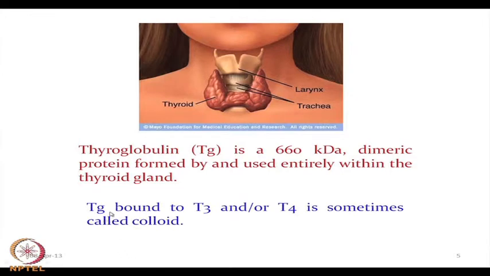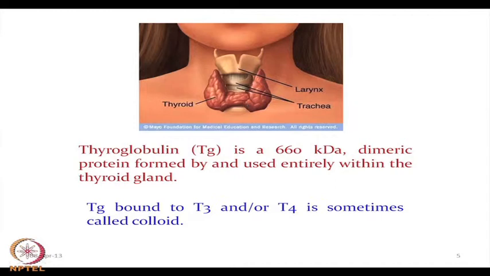So, when we have this thyroglobulin, thyroglobulin is bound to T3 and T4, and in the bound condition they are known as the corresponding colloid form. So, in the human being also we have this particular thyroid gland, and within this thyroid gland we have the corresponding protein molecule, which is the TG, thyroglobulin, and that thyroglobulin is responsible for binding the T3 and T4.